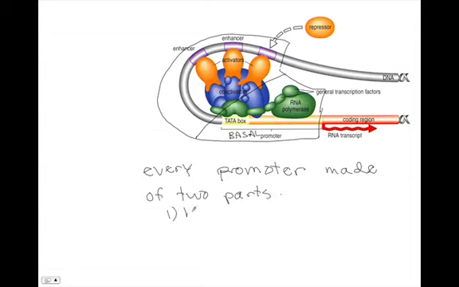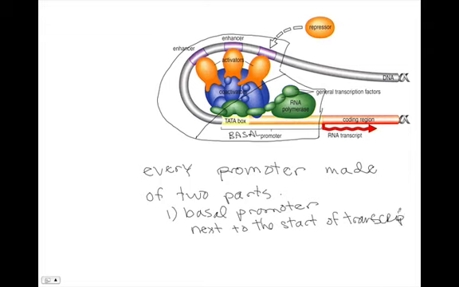One part is the basal promoter. The basal promoter is always next to the start of transcription. In other words, it's right next to the transcription unit. So here's the basal promoter right next to the transcription unit of the insulin gene.